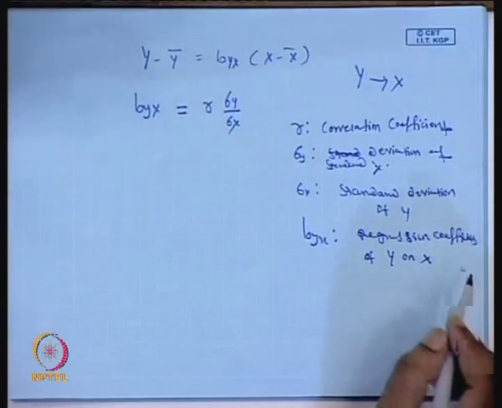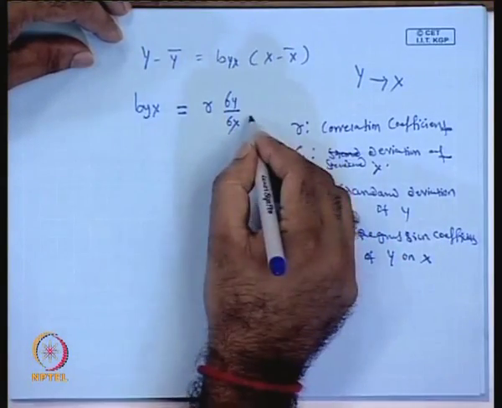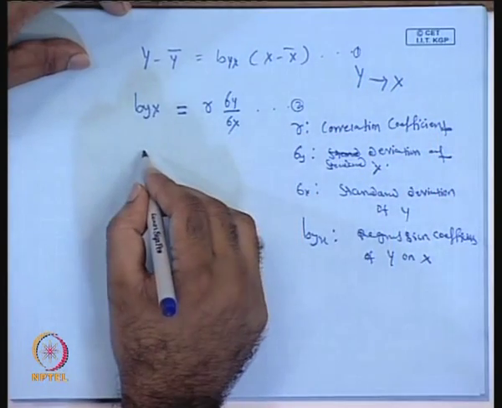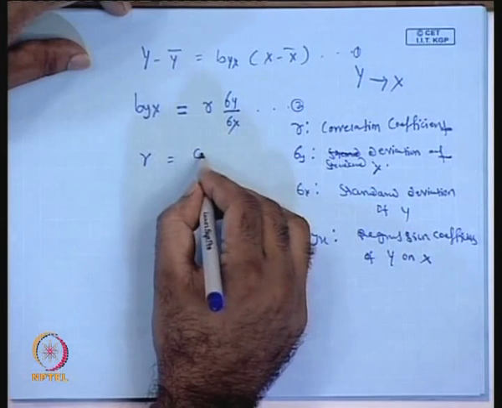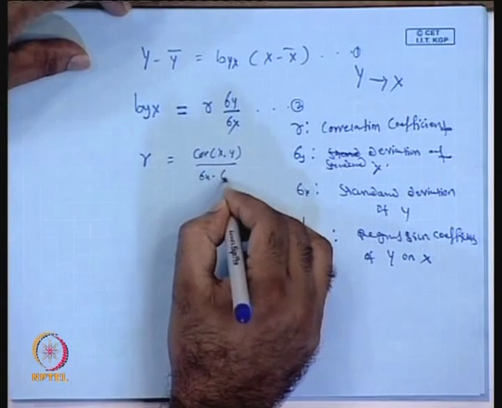Now, what is r? In the last lecture we discussed what r is. r is basically the correlation coefficient, which is derived through proper structures. This is the first equation, this is the second equation. Third, r is equal to covariance of x y by sigma x into sigma y.